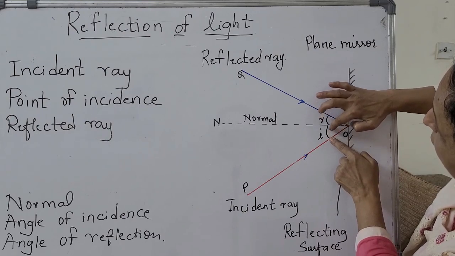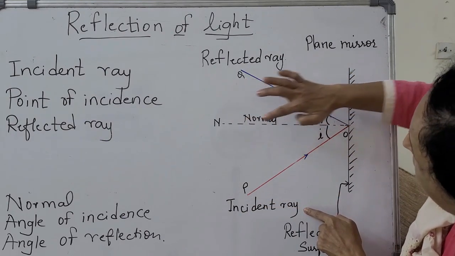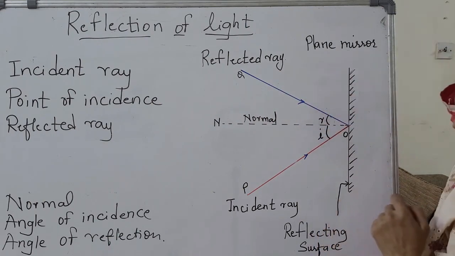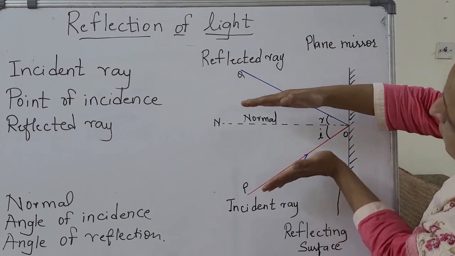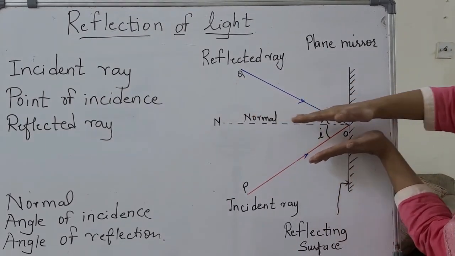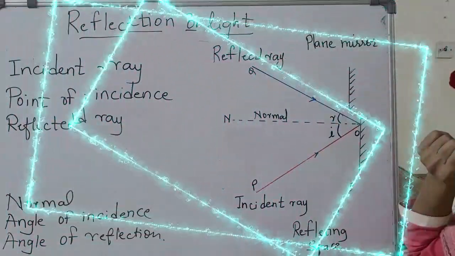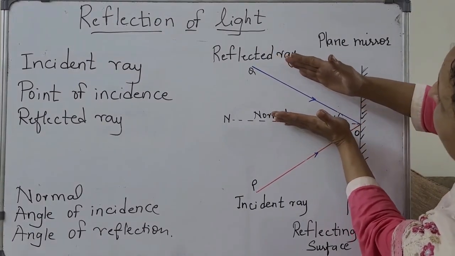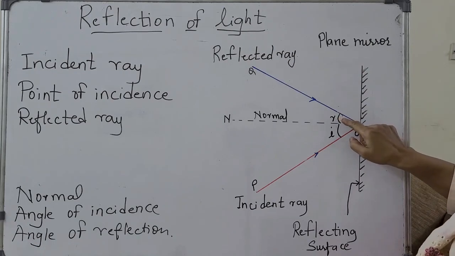The angle which is made between the incident ray and the normal is the angle of incidence, that is i. Now the angle which is formed between this normal and the reflected ray is r.